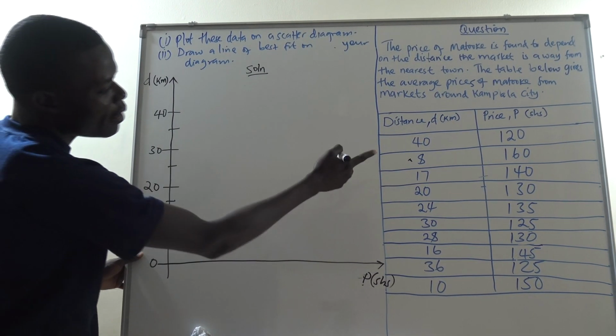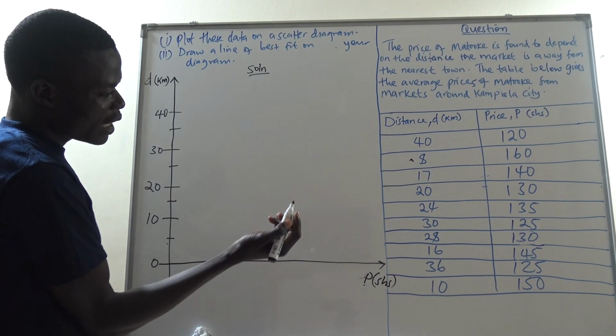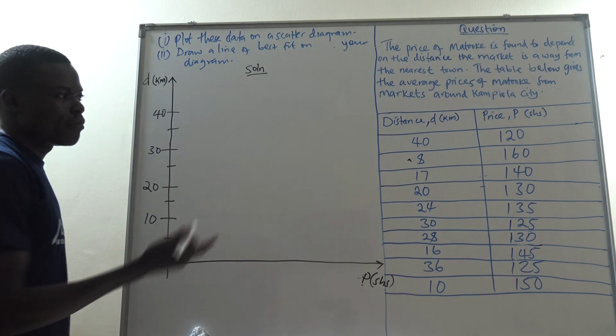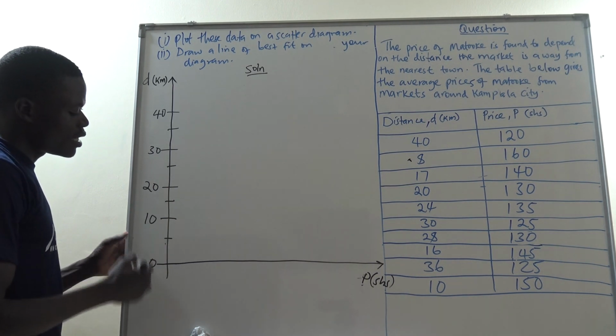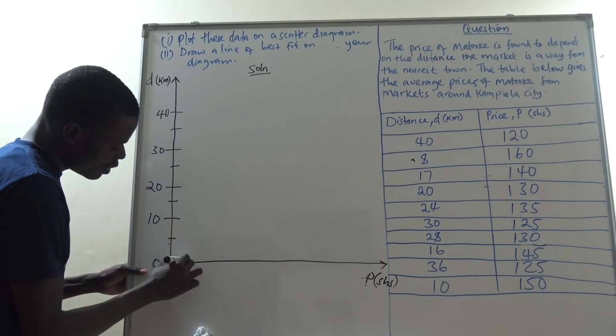And then here, the smallest is 120. Also for me, I may decide to use 10, but using your knowledge, still first get the proper scale. So mine here will start from 110.